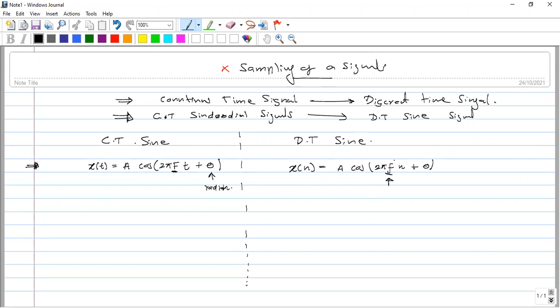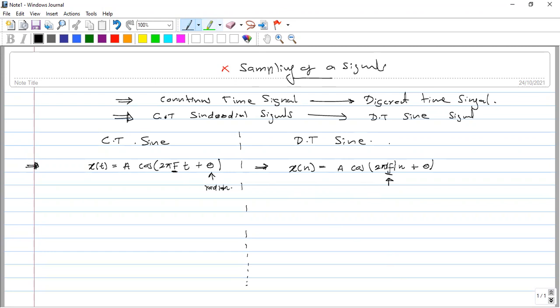We call this the nominal frequency. We will see what that means in the future. Anyway, this is the discrete time sinusoidal signal representation.